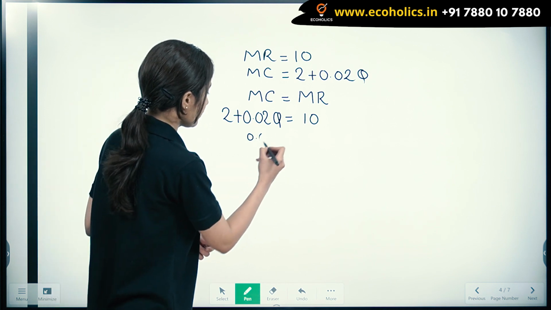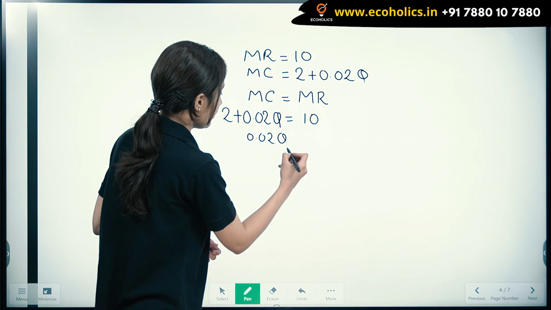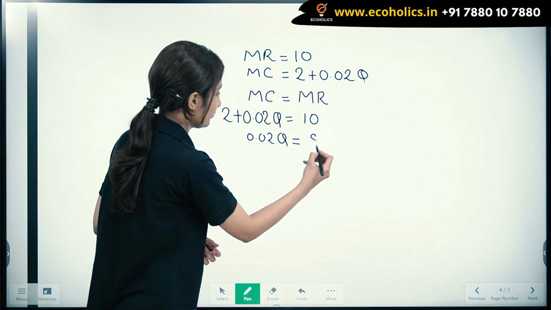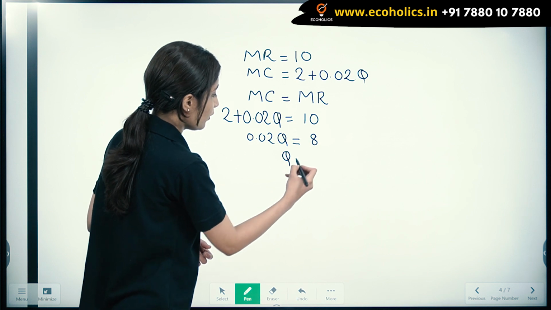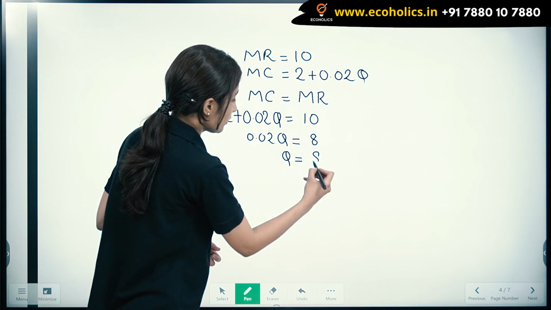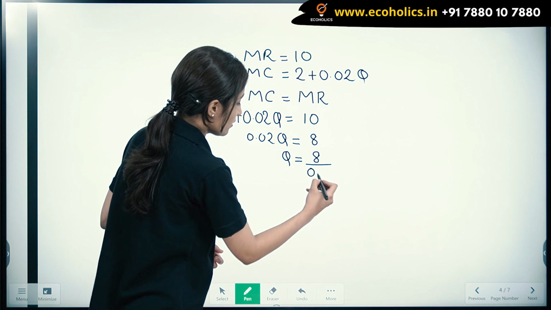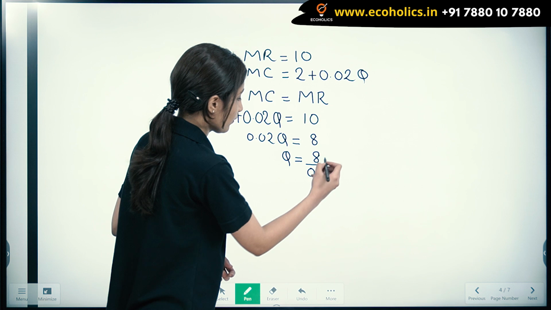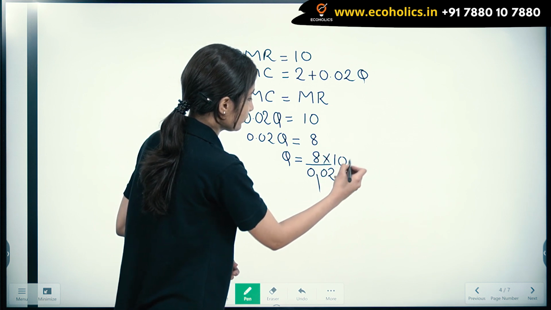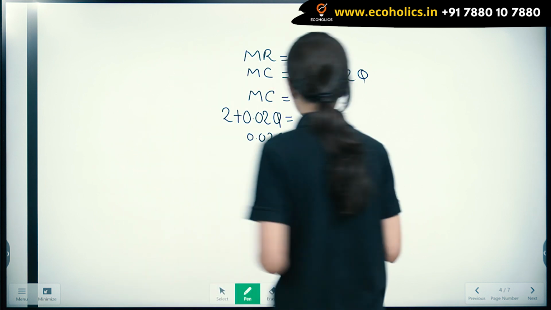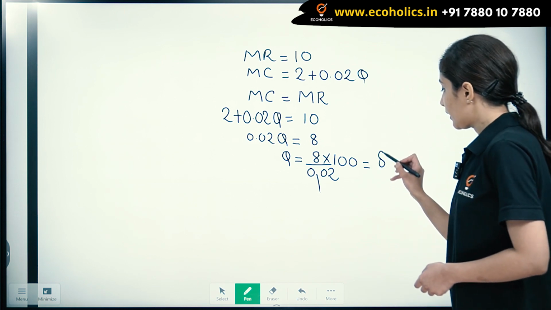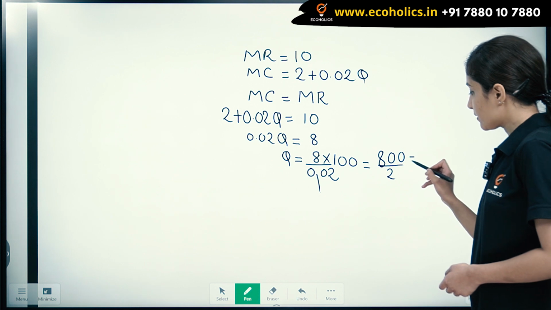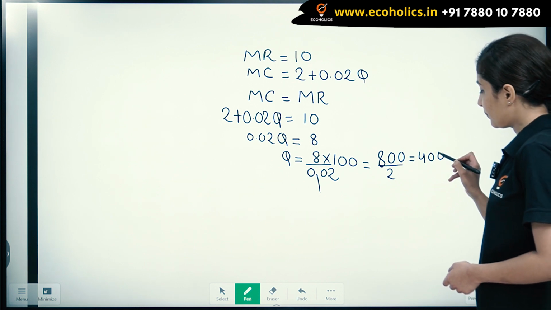So 0.02 Q is equal to 10 minus 2 is 8. And therefore our Q becomes equal to 8 upon 0.02. So this becomes equal to 800 by 2, that is equal to 400.